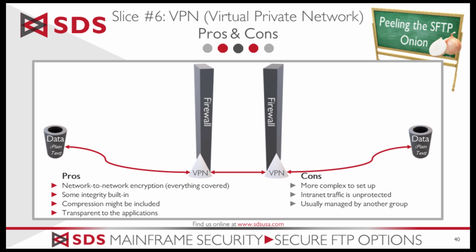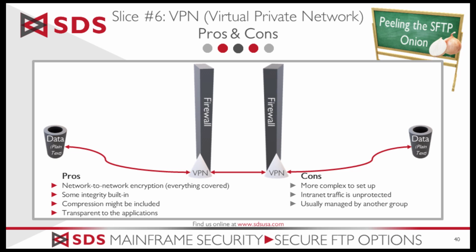Since VPNs are implemented at a lower level of the IP stack, applications don't really need to make any special accommodations for the encryption. Unfortunately, VPNs are not usually a good choice for ad hoc connections. If you need to make occasional secure connections to some of your partners, one of the other technologies might be a better choice for that.